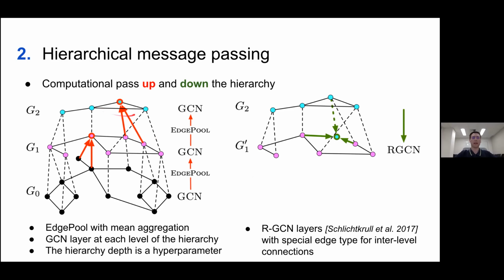So at the end of the day here, to get the node representation, we would need to somehow combine the information from these coarse views.